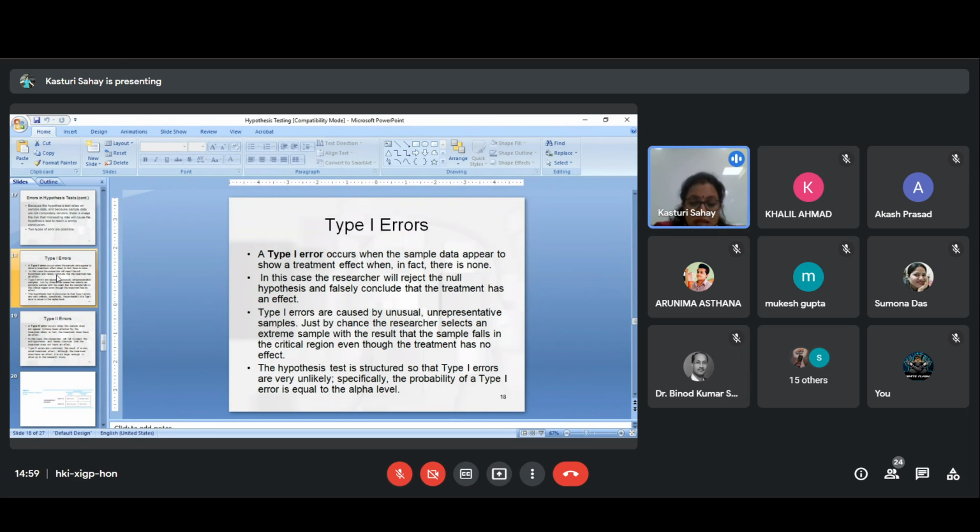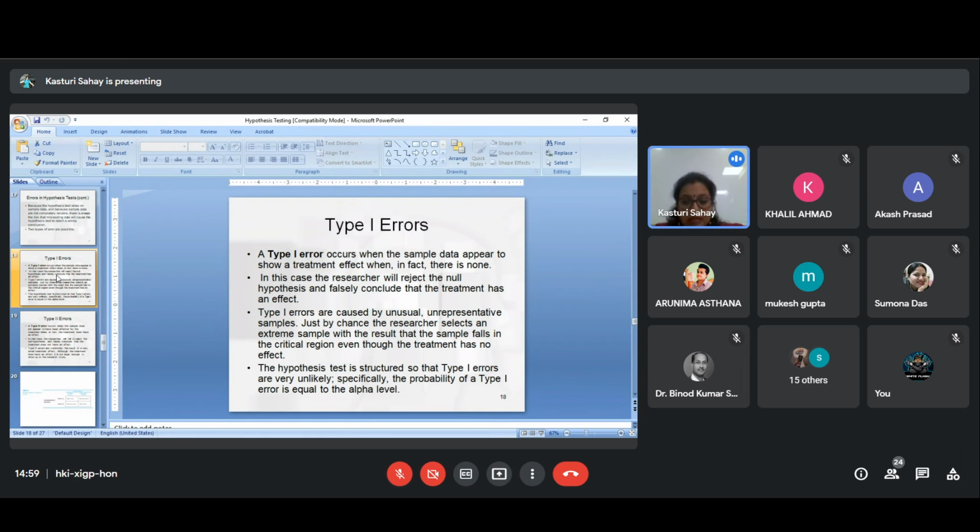So the hypothesis test is structured so that type 1 errors are very unlikely. Specifically, the probability of a type 1 error is equal to the alpha level. So the alpha which you have defined in your step 1 is also equal to your type 1 error. So if you define your alpha as 5%, you are actually saying that there is a 5% chance of error that the sample data may show a treatment effect even though there is none.